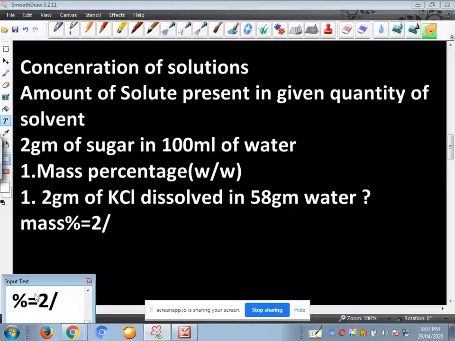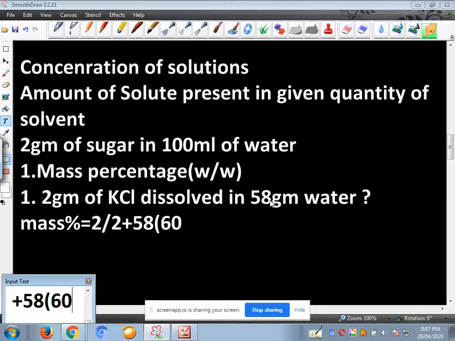But in the question it is given as 58 grams of water. That is not a solution, it is a solvent. So for the solution we need solute plus solvent: solute is 2 and solvent is 58, which is equal to 60.